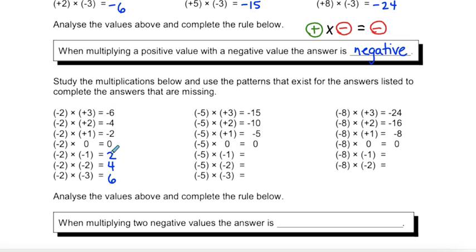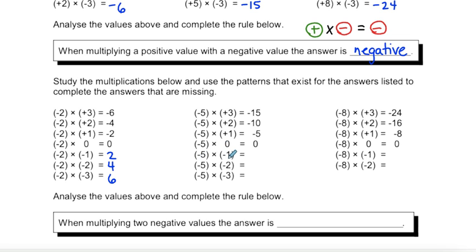Let's see if that same pattern exists. You might notice a pattern for the second set. -5 times 3 is -15. -5 times 2 is -10. -5 times 1 is -5, and -5 times 0 is 0. But what happens when we multiply two negative numbers together?